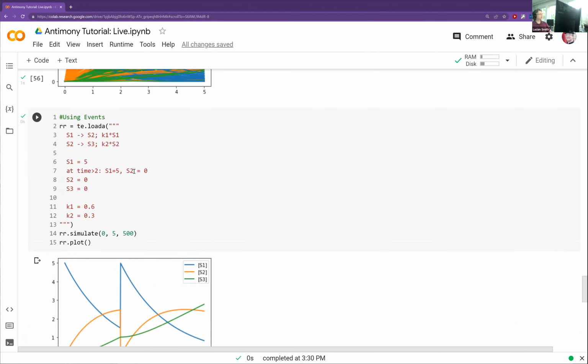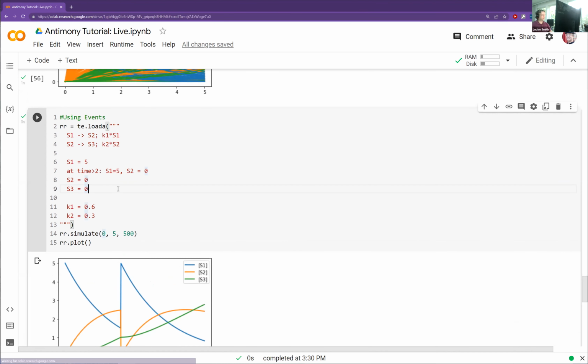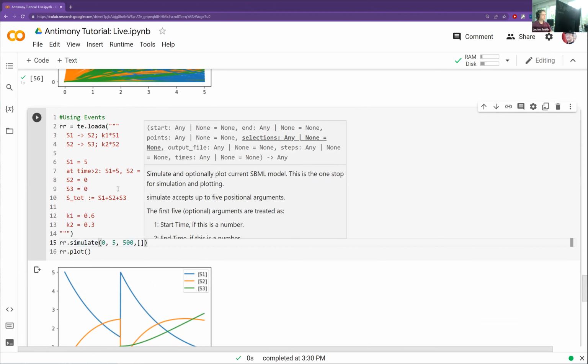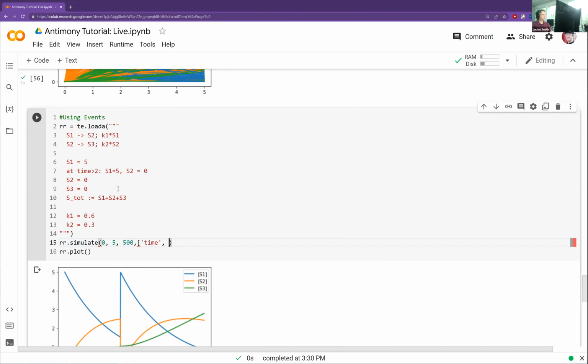If we were to see, let's see here. S0 colon equals S1 plus S2 plus S3. And time, S1, S2, S3, S0.